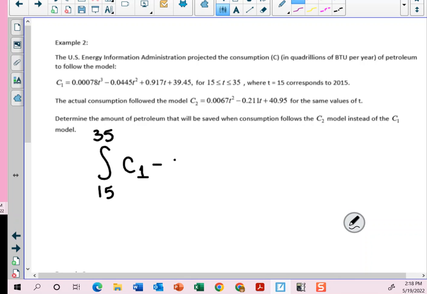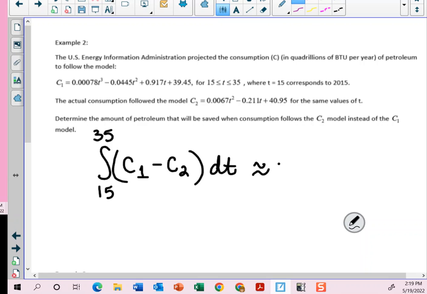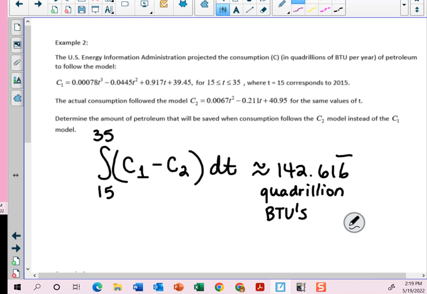In terms of these models, C1 minus C2, they are in terms of D. And what did we say? 142.616 repeating, and that is 142 quadrillion BTUs of petroleum, okay?